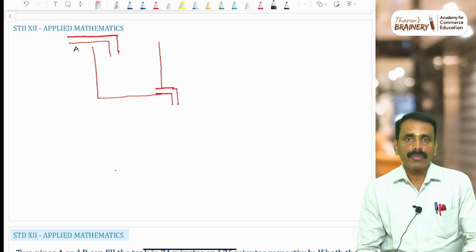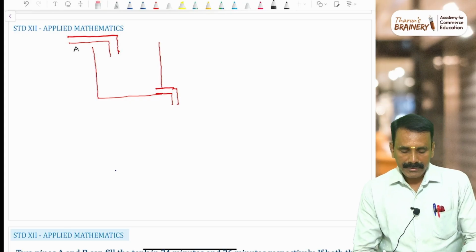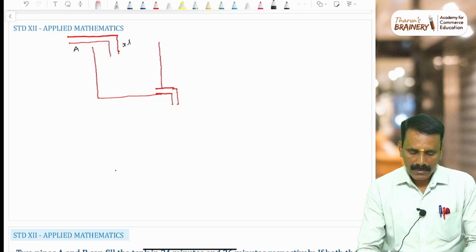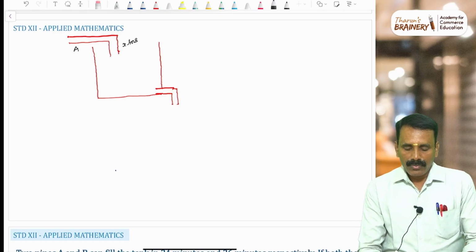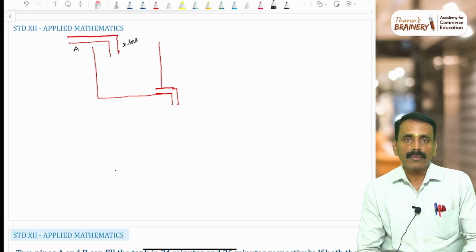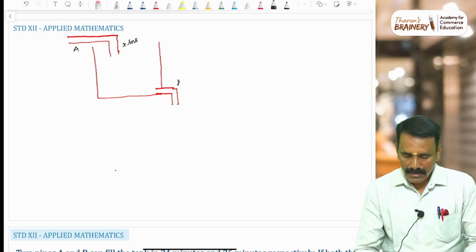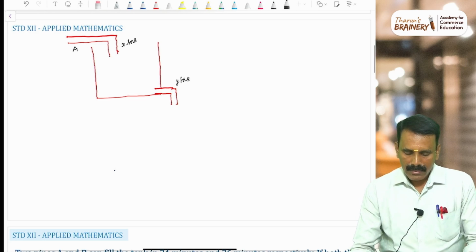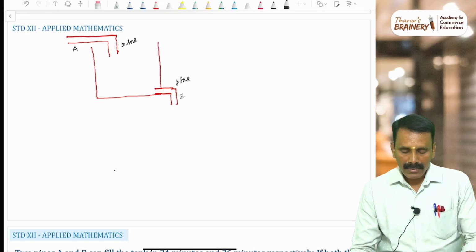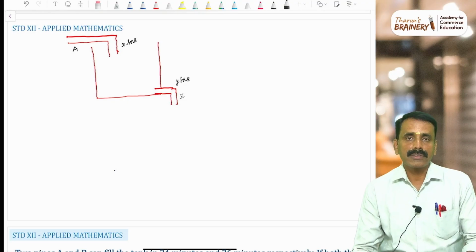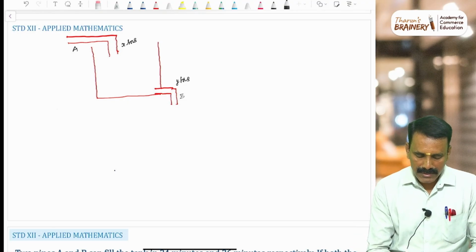One is tap A, which will fill the tank in x hours, and we have another tap, tap B, which is used to eliminate the water from the tank, and it takes the time y hours. Now we are having two cases.